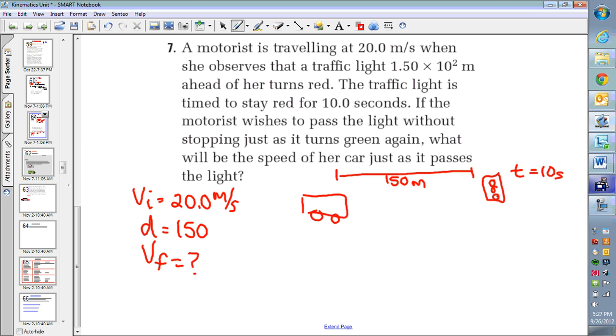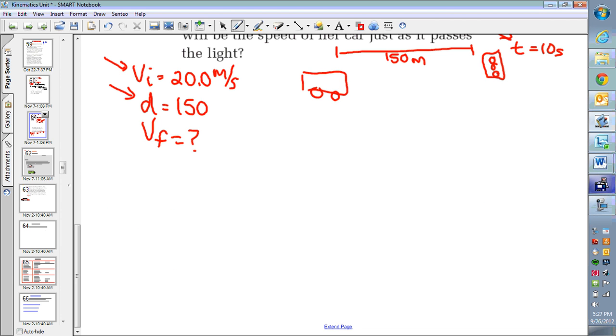So we have distances, times, and we want to know the final speed. You can solve this by first finding the acceleration, use VI, D, and time. You could solve for A, then use that acceleration to solve for VF. However, that formula that's kind of greasy, that I'm not a big fan of, VI plus VF over 2 times time, will get us to our answer much quicker, because we are now trying to solve for VF.